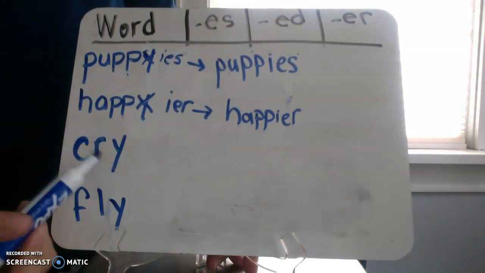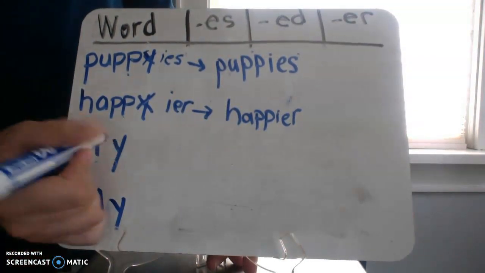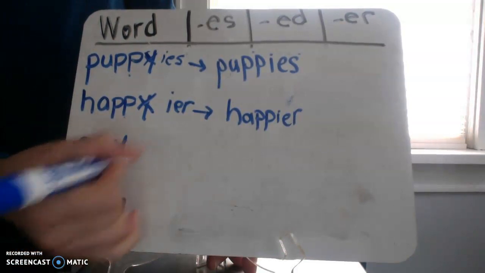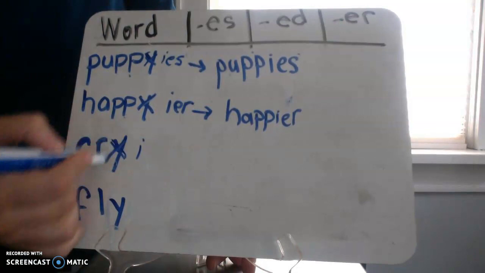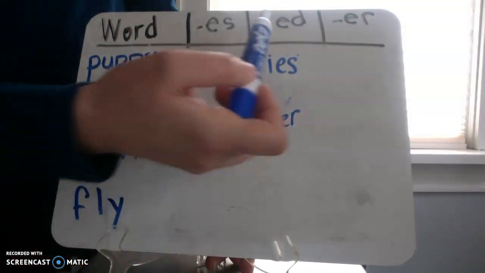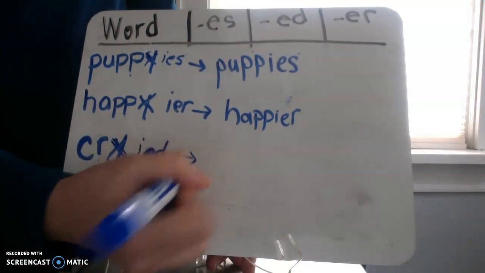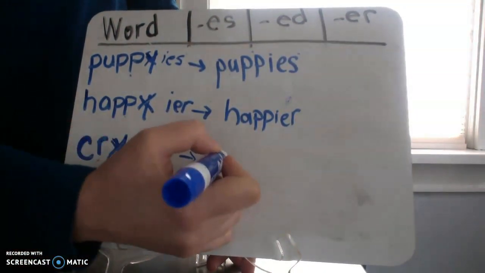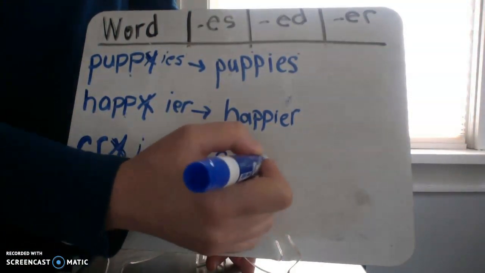I see there's a consonant and then the Y at the end. I cross out my Y and add an I, and then I add my suffix ed. And now I rewrite my word, cried. CRIED.